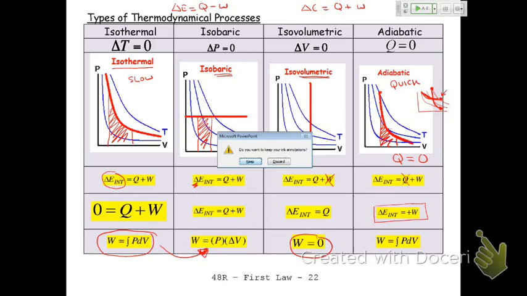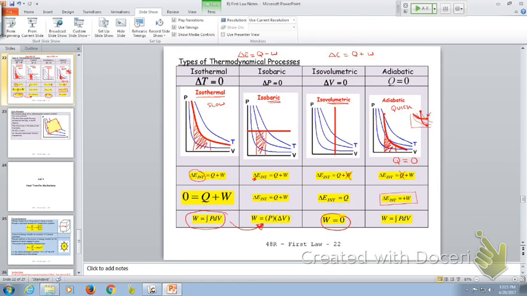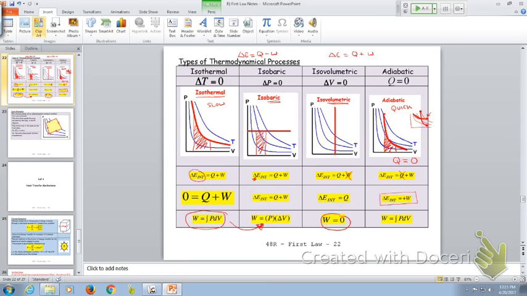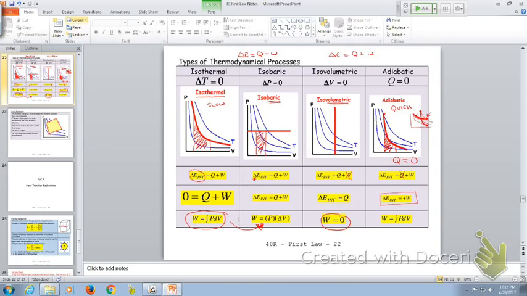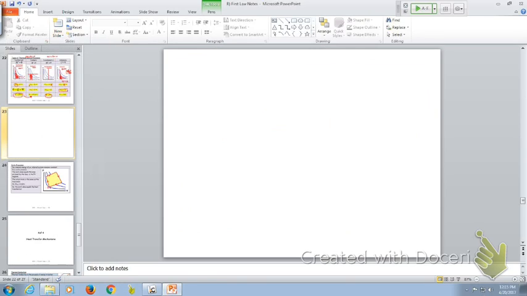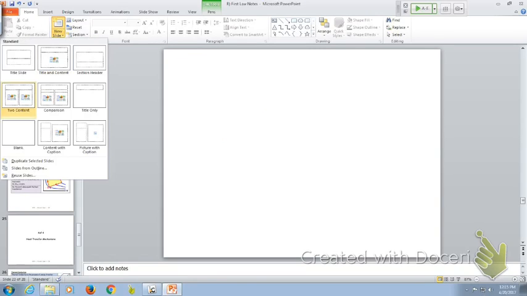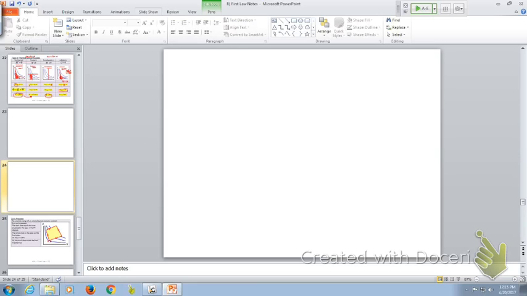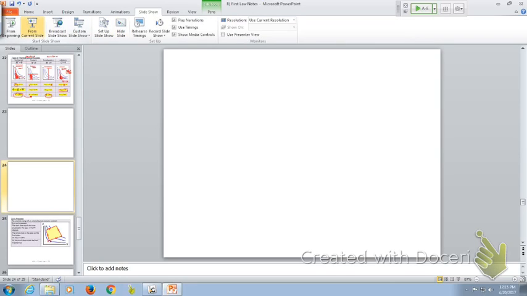I need to insert a page. Oh, you go to Home, New Slide, new slide, new slide. I'm going to put a couple in, and then I can go back, slideshow, from current slide.